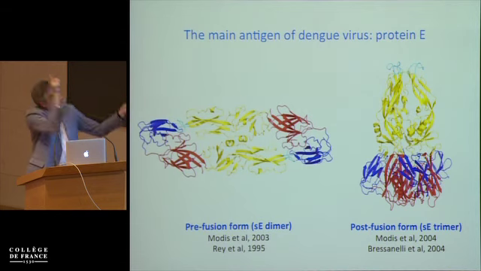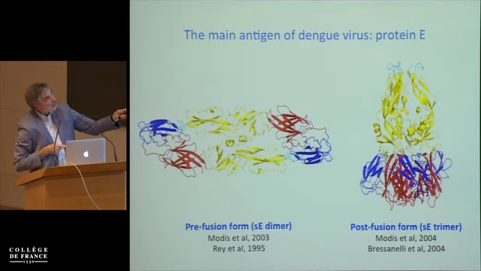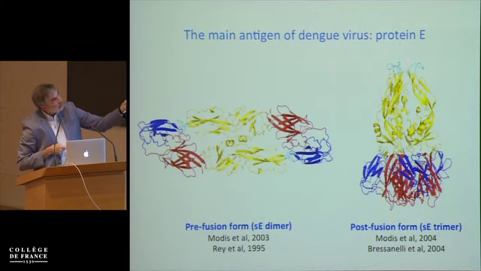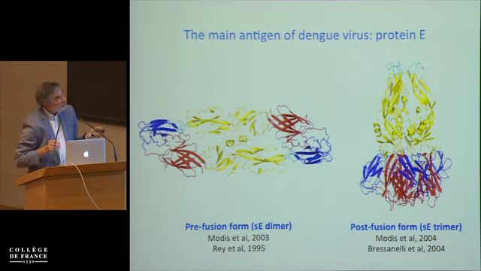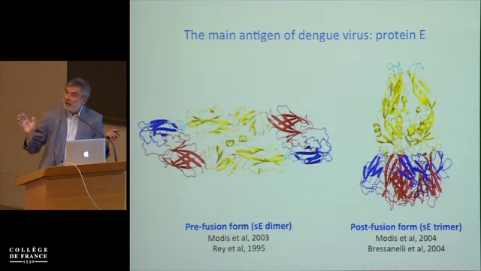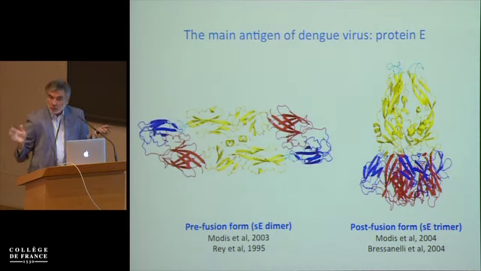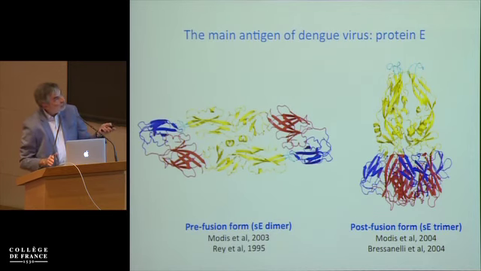Then this conformational change and trimerization will bring the two segments, the one inserted in the endosomal membrane and the viral transmembrane segment that was absent here, to the same side. This is how all viral membrane fusion proteins work. The pre-fusion form is quite different depending on the virus, but the post-fusion form is always the same hairpin.